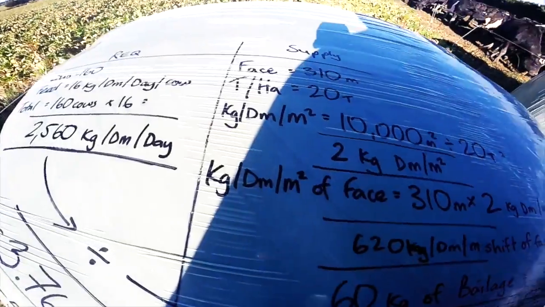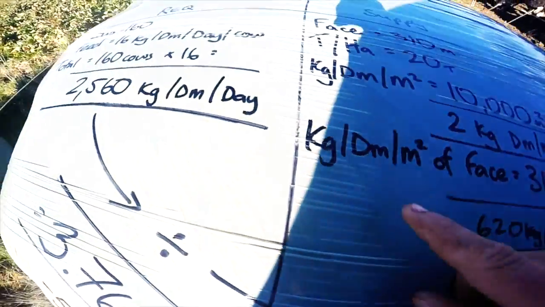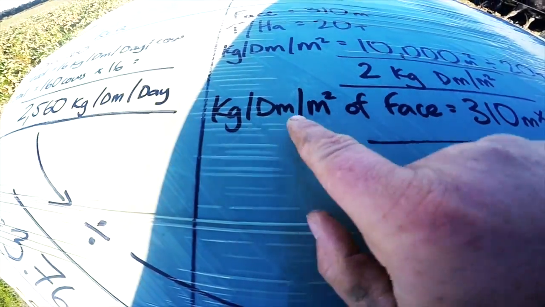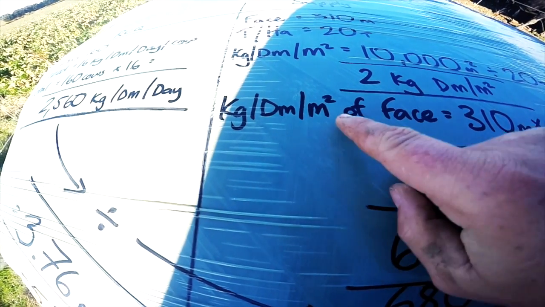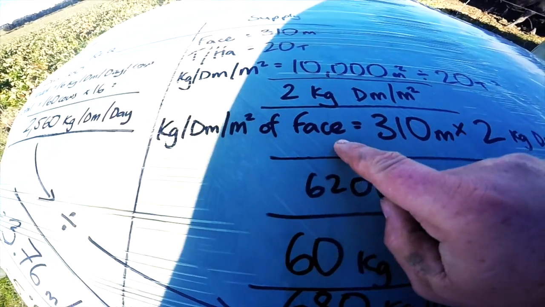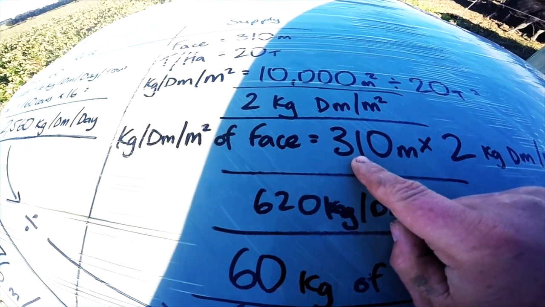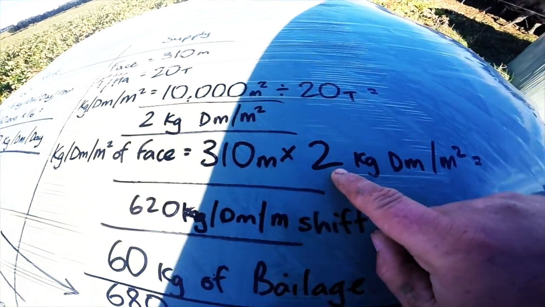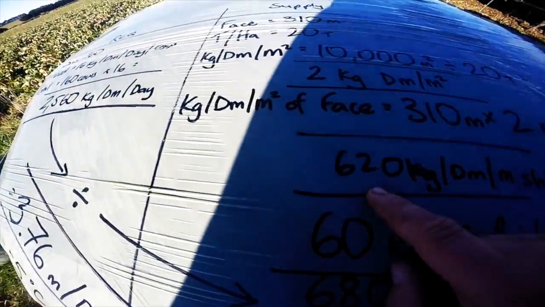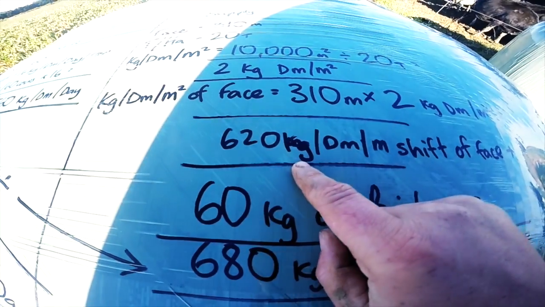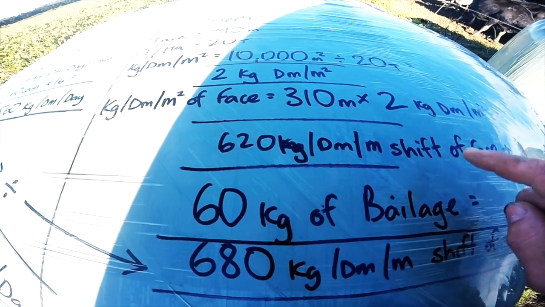We're shifting the face fence 1 metre, so kgs of dry matter per metre square of the face fence equals 310 metres times 2 kgs of dry matter per metre square equals 620 kgs of dry matter per metre shift of the fence.